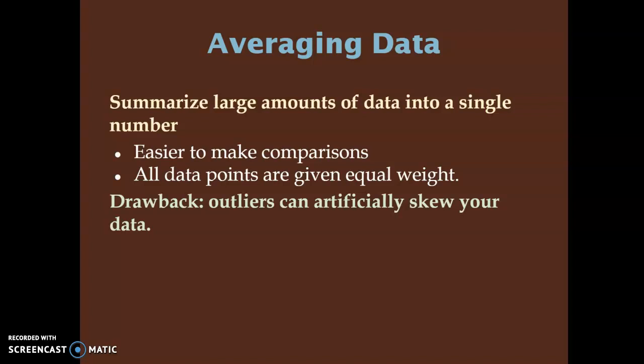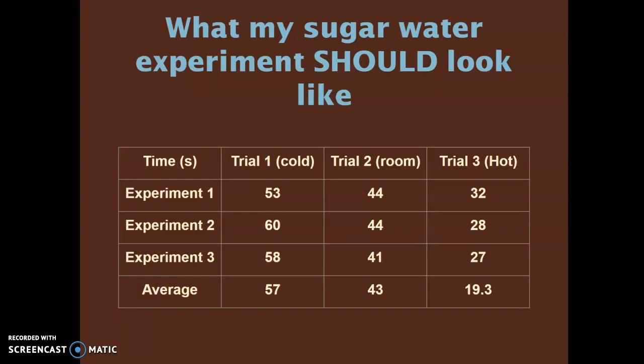Well, that could affect the rate at which the sugar was dissolving, and then that could make my data look a little bit different than what it really should look like. So that's called an outlier, and you have to be careful of outliers because they can artificially skew your data.